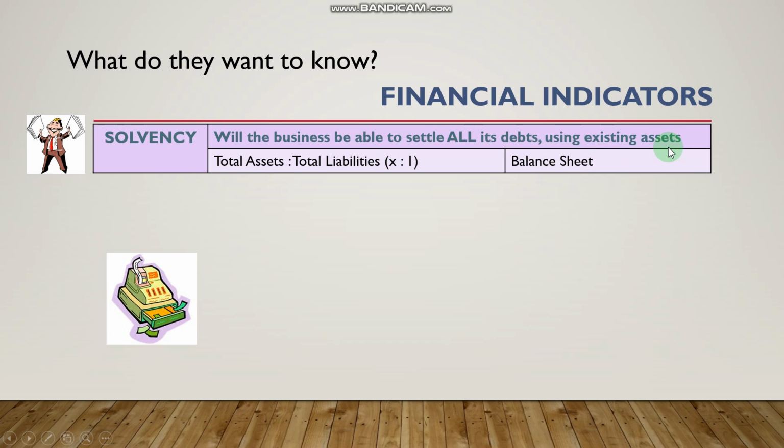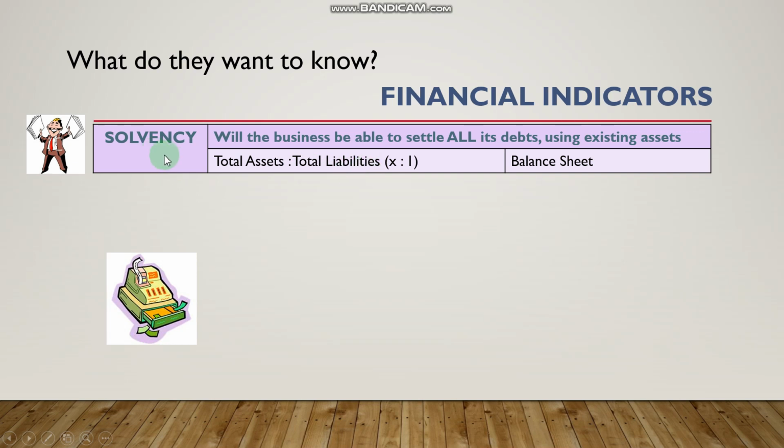So clearly, looking at that question, the emphasis is on the words all its debts, and all its debts to me refers to the total liabilities of the business. Remember, total liabilities would include the non-current liabilities plus the current liabilities. That would give me my total liabilities.